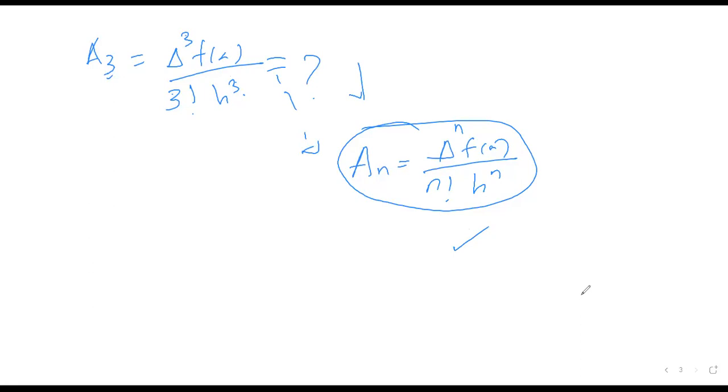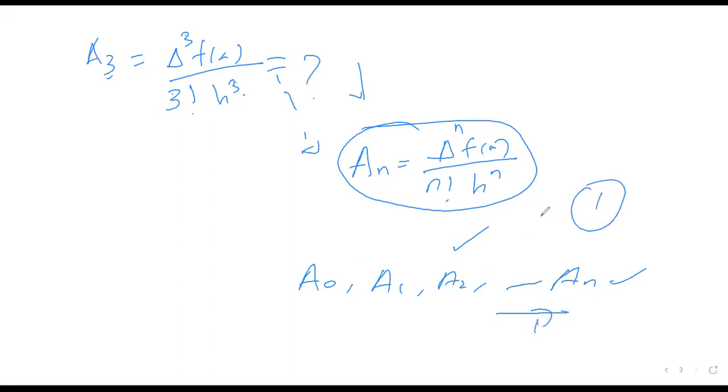Next, we have found a naught, a1, a2, up to an. The only thing is you have to substitute in our equation number 1. So let's do it.